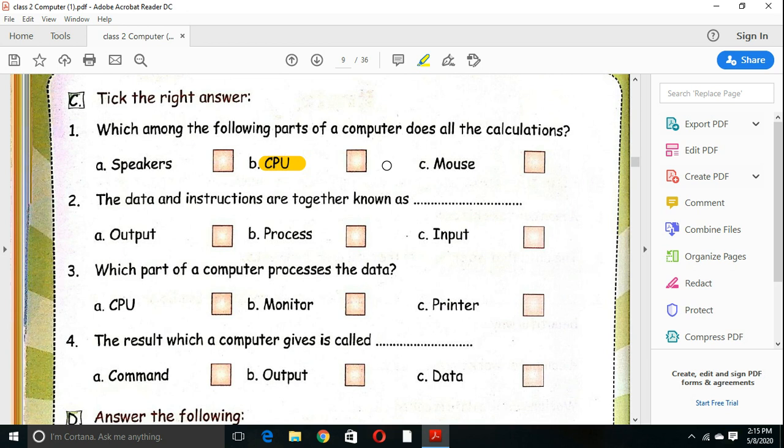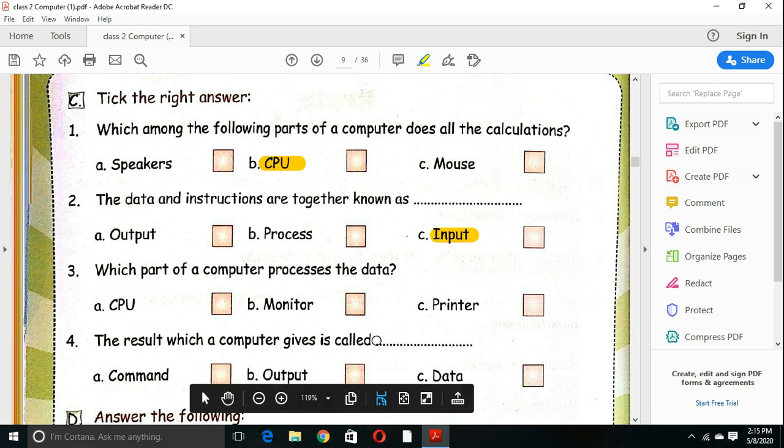So this is wrong. Process means when we are doing any kind of calculation on data, then it is called process. So this is also wrong. Input. Yes, input is the right one because data and instructions both are known as input. So the right answer is input.